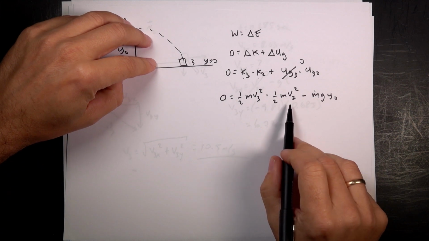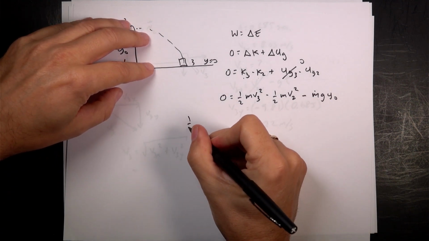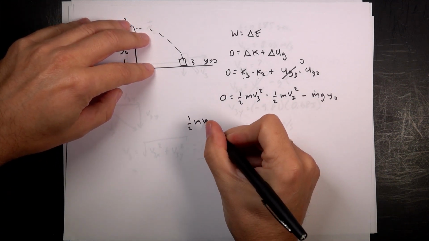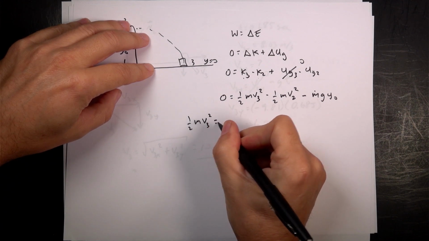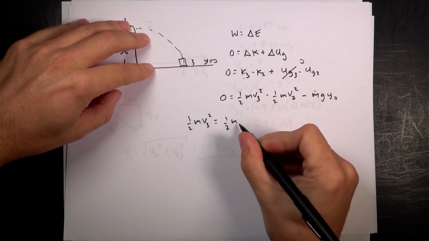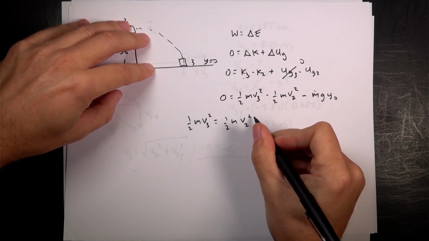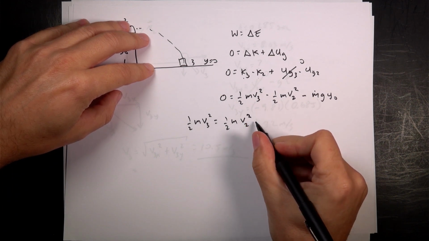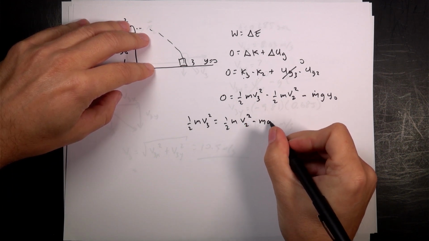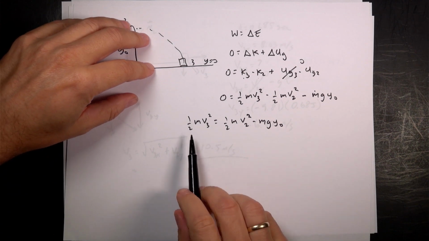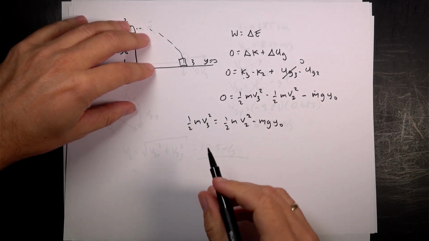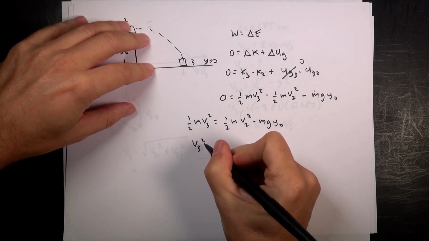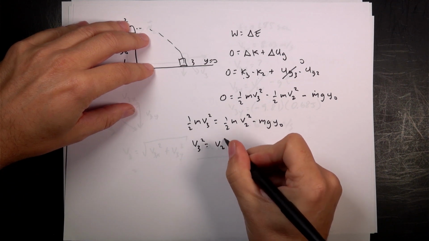So let's add these terms to both sides. I get 1/2 m v3 squared equals 1/2 m v2 squared minus mgy0. I'm going to multiply both sides by 2 and divide by m. I get v3 squared equals v2 squared.